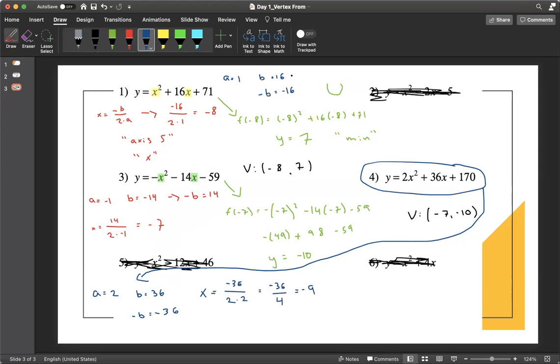Now I'm going to take this negative 9 and we are going to plug it into this equation here. So I will get f of negative 9 is equal to 2 times our x squared plus 36 times our x plus 170.